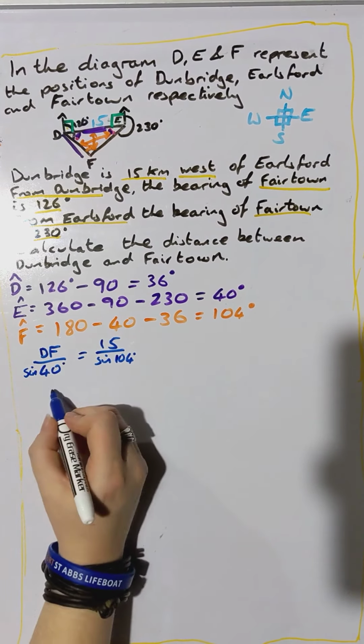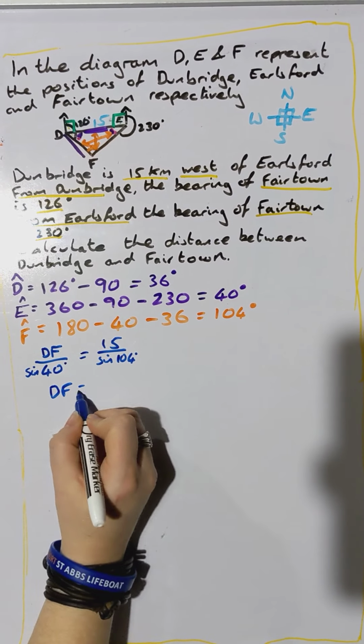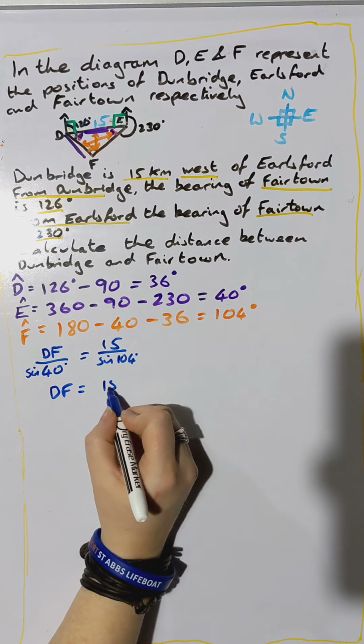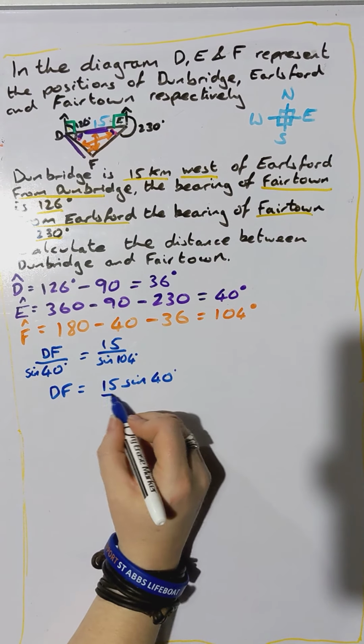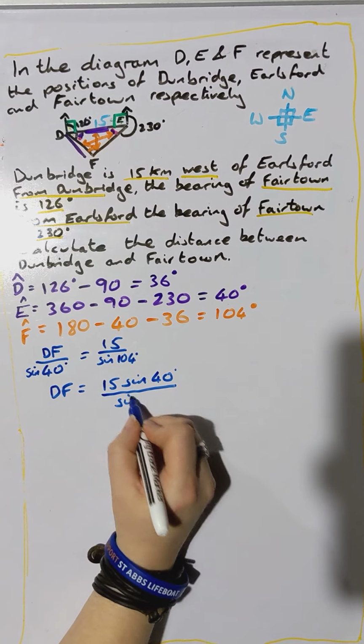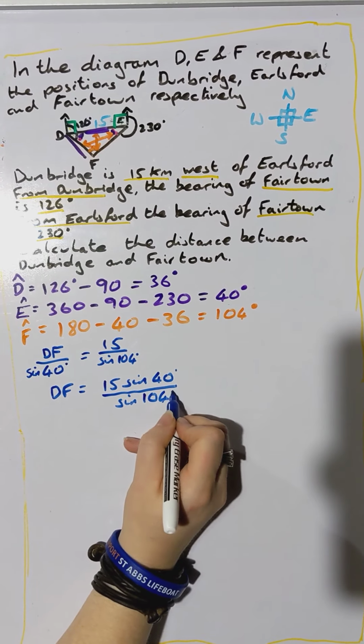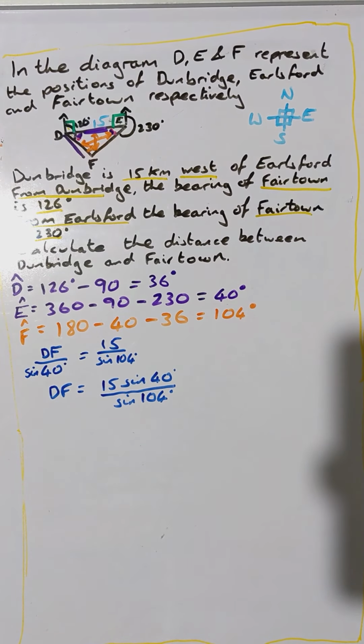A little bit of rearranging, we get DF is 15 times sine 40 divided by sine 104. Your next step is simply to put that in a calculator and write down your answer.